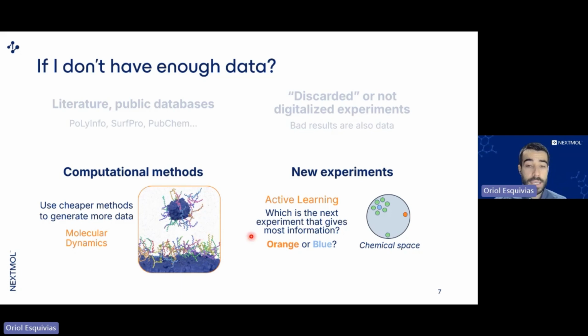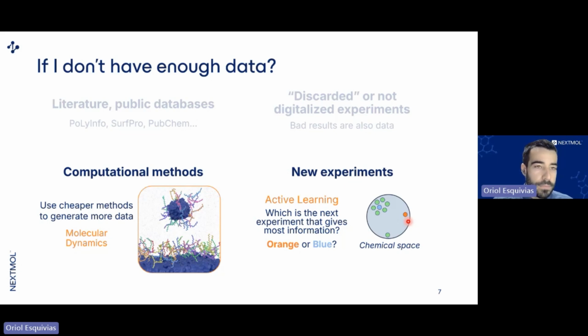For example, here in this chemical space, you have green dots that you have already explored, and you are trying to do a new experiment, and you can do the blue one or the orange one. The blue one probably will not give you much information because you have a lot of points around, but the orange one will give you information about the region that you haven't explored yet. So active learning is based on that. How can I use my resources more efficiently to obtain more information?